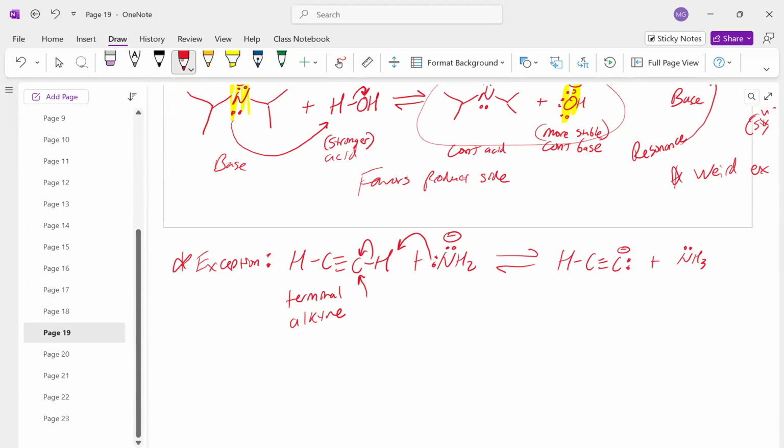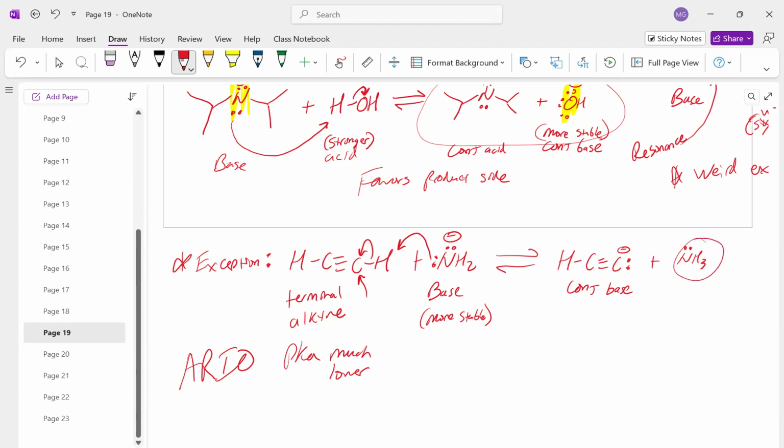Now, if I were to go off of ARIO, which says I look at atoms first, ARIO would basically say this base is more stable than this conjugate base because of the atom. But if I look at the real numbers, the pKa for this terminal alkyne is much lower than the pKa of the acid on this side.